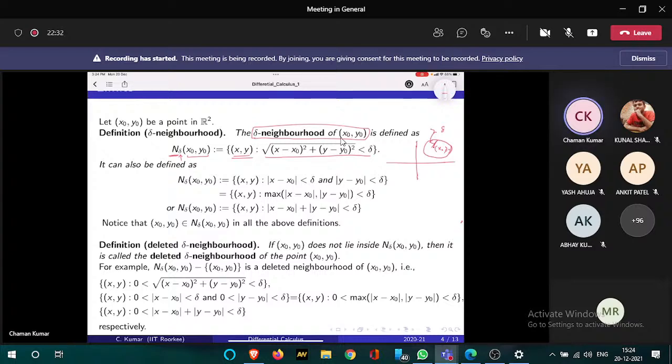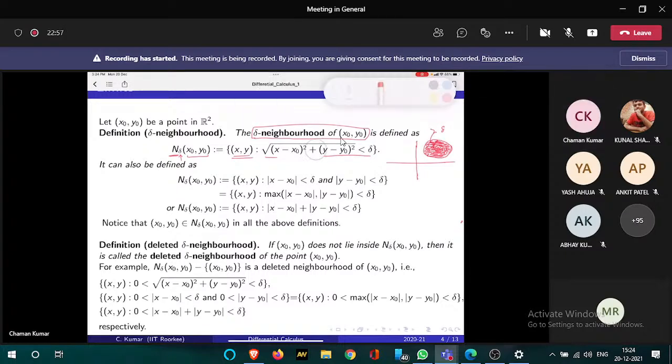Then consider all the points inside this, basically the plate. All the points inside this will be known as the delta neighborhood around the point x naught, y naught.